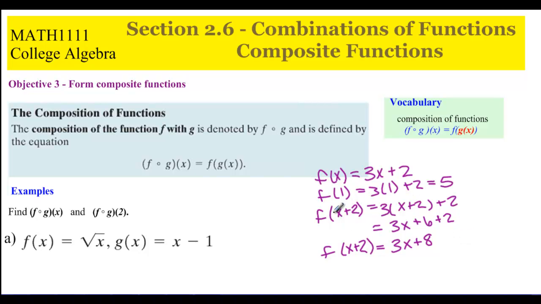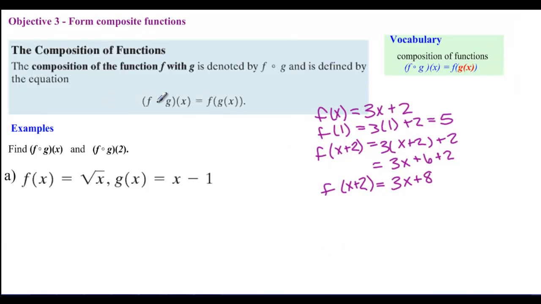This last example here is actually a composition of functions where we have plugged this x plus 2 into f. So if x plus 2 is g of x, then this is f of g of x. This is f circle g, where that circle is a small open circle about where a multiplication symbol would be, kind of floating in the middle.